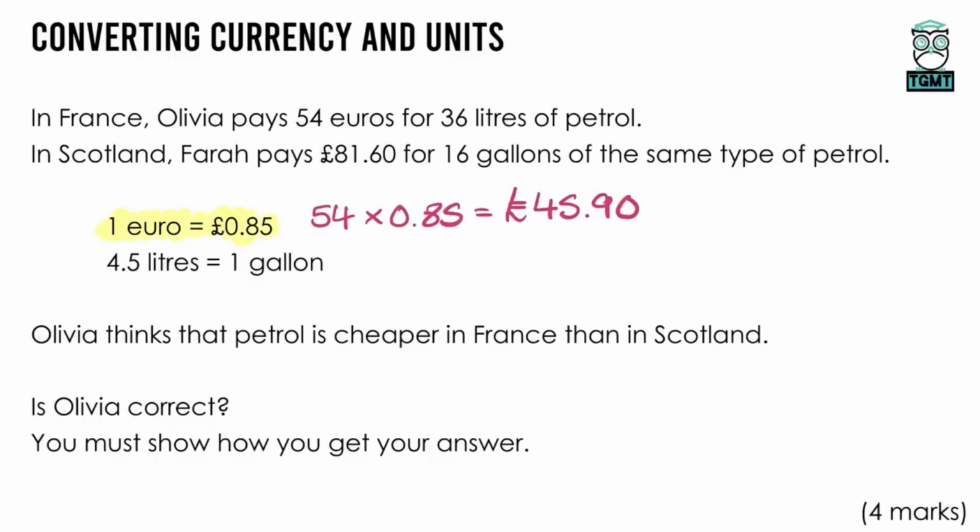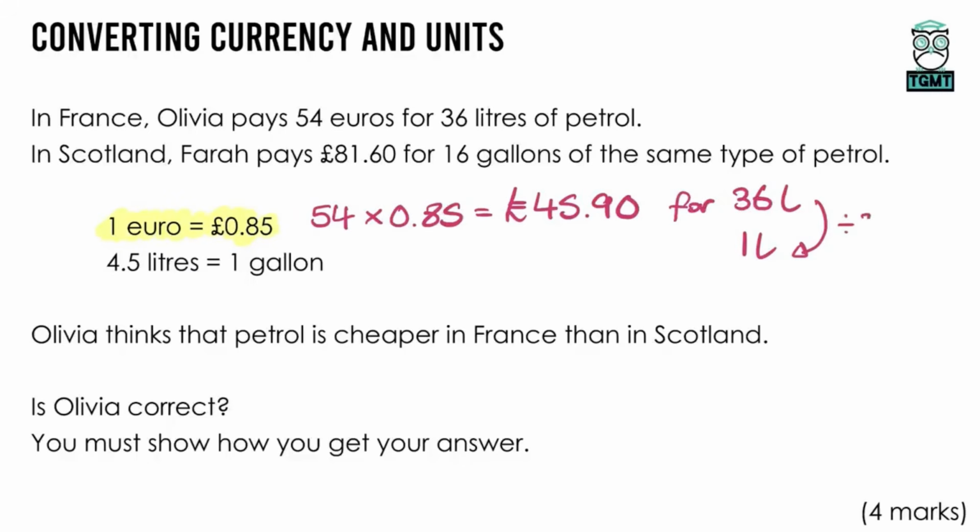Now, it doesn't really matter whether we make a comparison in litres or in gallons, but I can straight away find a value now for this petrol. So here it's £45.90 for 36, and I'll just put L for litres. Now we don't want to compare the price at 36 litres, we want to know what the value of 1 litre is.